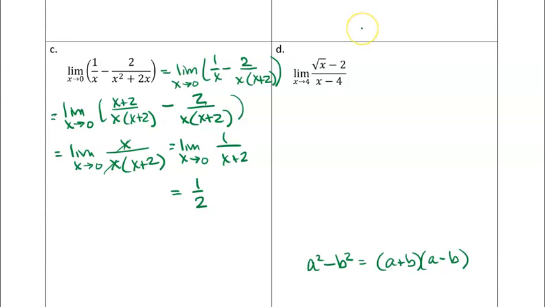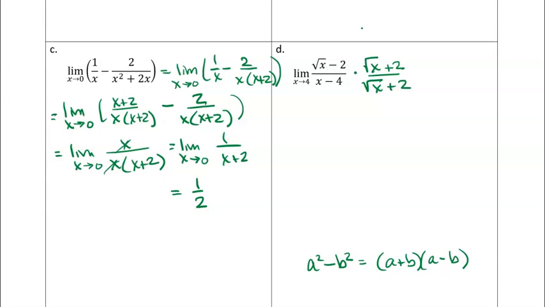This is a trick you need to know how to do. I'm going to multiply this by 1, but the 1 is going to be the square root of x plus 2 over the square root of x plus 2.